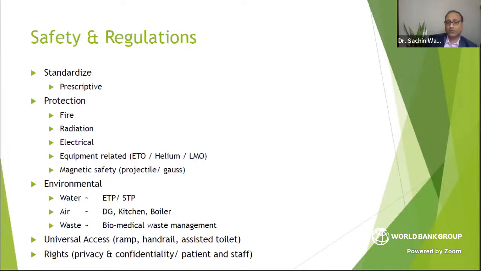And last but not the least, magnetic safety, because we have had incidences with metal projectiles leading to fatal injuries, and also accidents wherein a pacemaker patient crosses the gauss line of the MRI. That will lead to failure of that particular pacemaker. So quite a catastrophic thing if these things are not taken care of. So regulations definitely are very important to keep us in control.